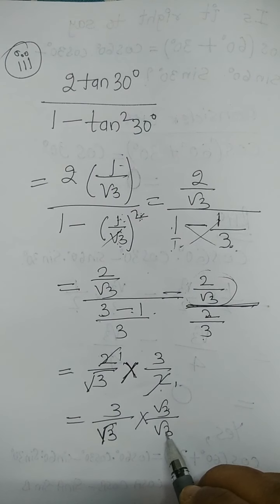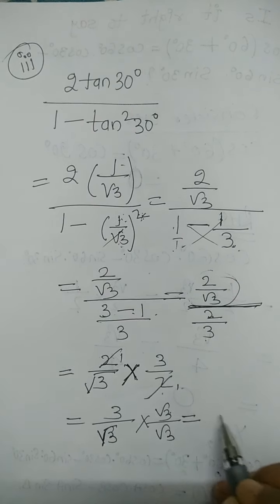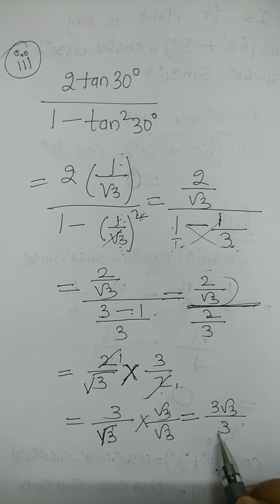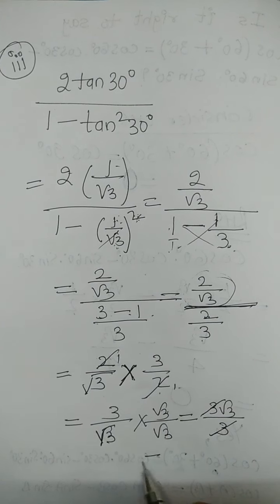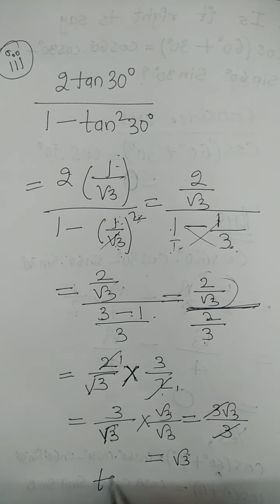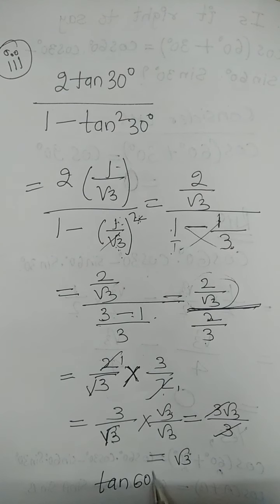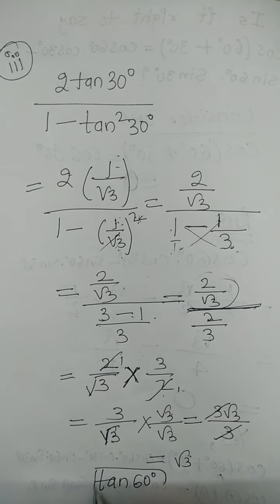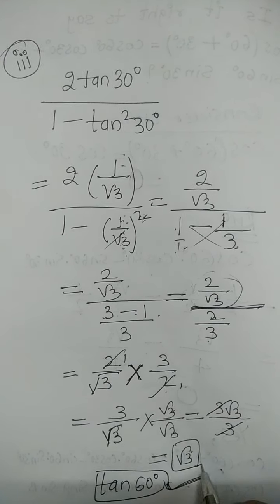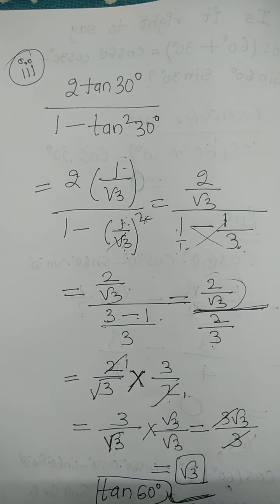Multiply and divide by root 3. That is called rationalization of the denominator. So 3 root 3, and root 3 into root 3 gives 3. 3 and 3 cancel. Answer is root 3. Root 3 is the value of tan 60 degree, so from the options you have to select tan 60 degree.